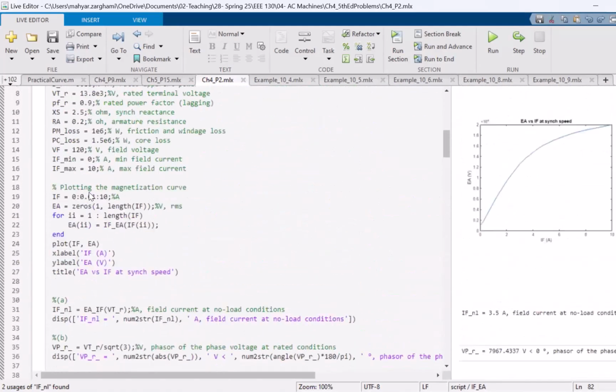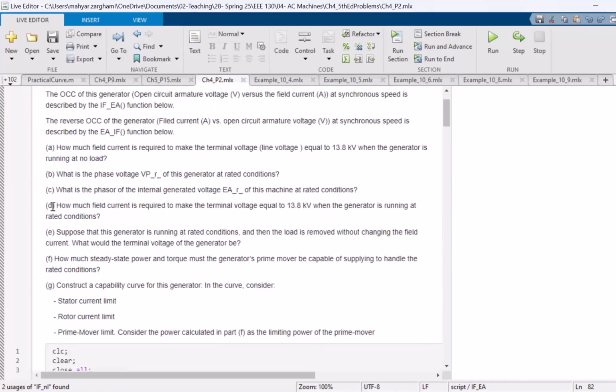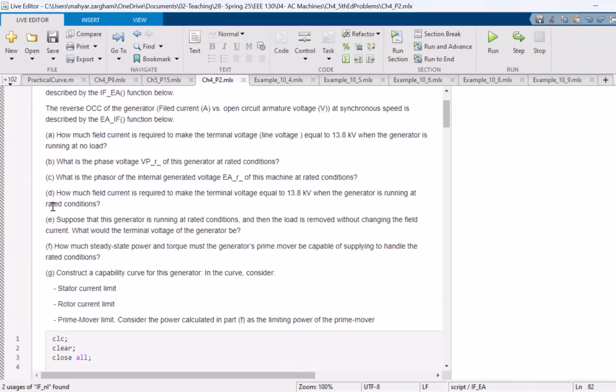Okay? And then part A: how much field current is required to make the terminal voltage equal to 13.8 kilovolts when the generator is running at no load? So when the generator is running at no load, we want to know how much field current is required to make the terminal voltage, which is a line voltage, equal to 13.8.